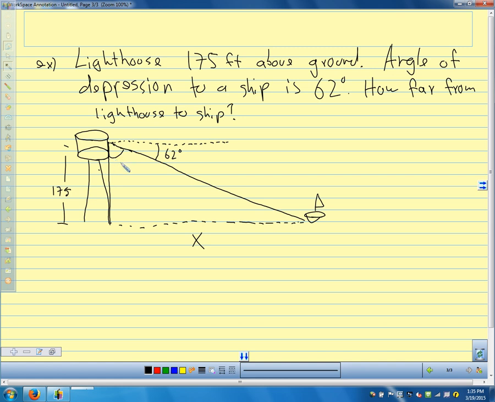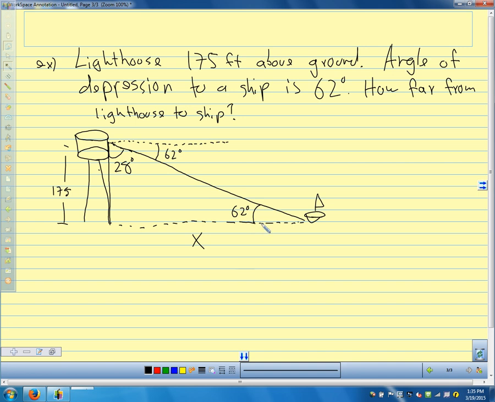So what would this angle be? 90 minus 62? 28 degrees. And there's one other thing we can do. What do we know about this horizontal line and this horizontal line? They're parallel. These two angles are opposite sides of the transversal between the parallel lines. So what do we know about those two? They're the same. So that angle would be 62 degrees.